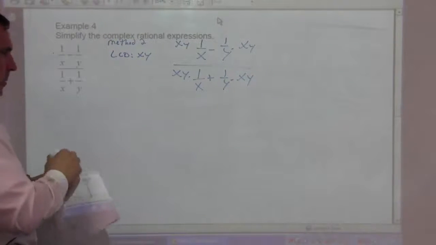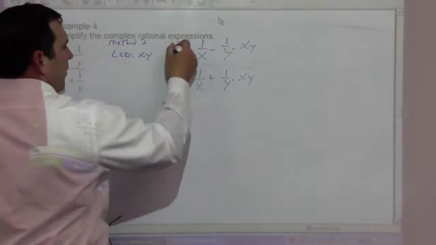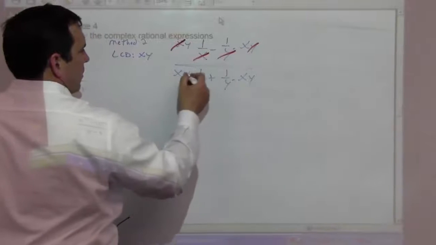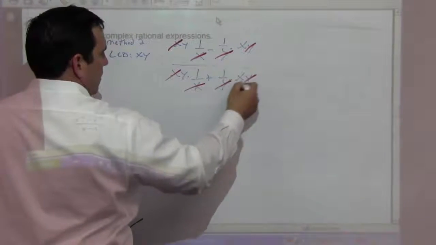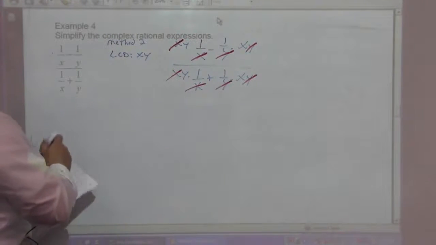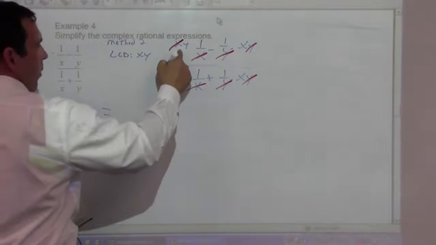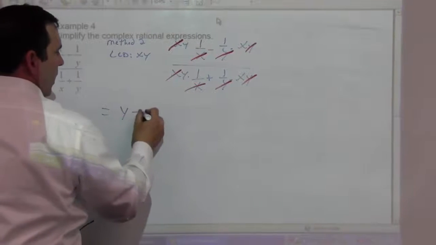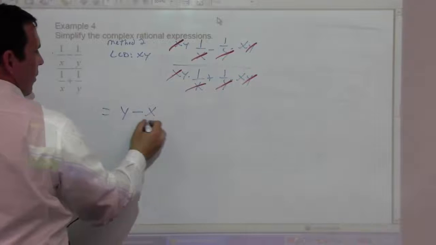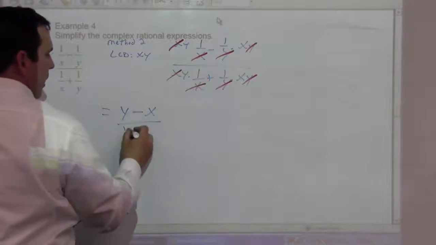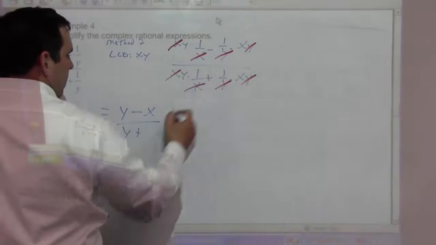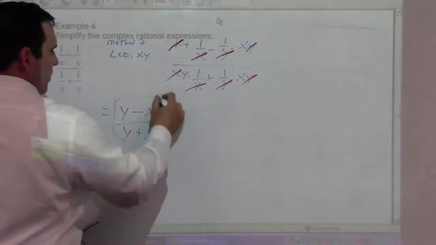And then some stuff's going to divide out. And we're left with y times 1 is y, minus 1 times x is x, over y times 1 is y, plus 1 times x is x. That's it.